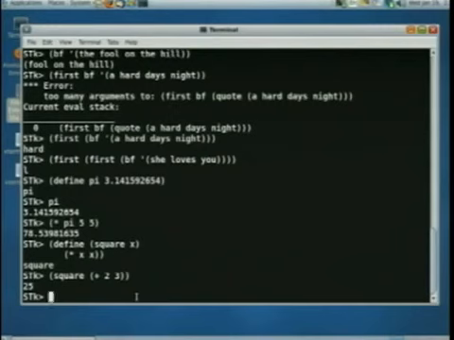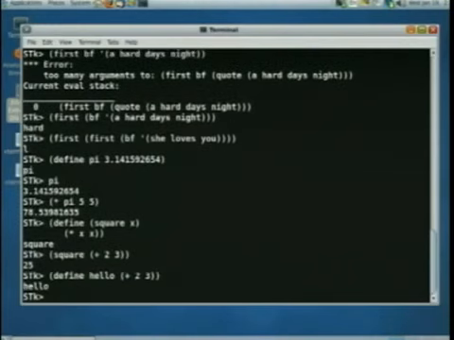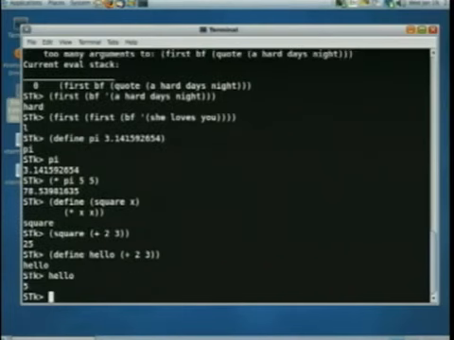Actually, technically, the whole expression that you type is called a special form. Define is called a keyword, which is the name of a special form. And what's special about it is that it doesn't do this thing of first evaluate the arguments, et cetera. Actually, it depends which kind of define, and you'll learn why this is in a week when we look under the hood of this. But if I say define hello to be plus 2, 3, the value of hello is 5, right?